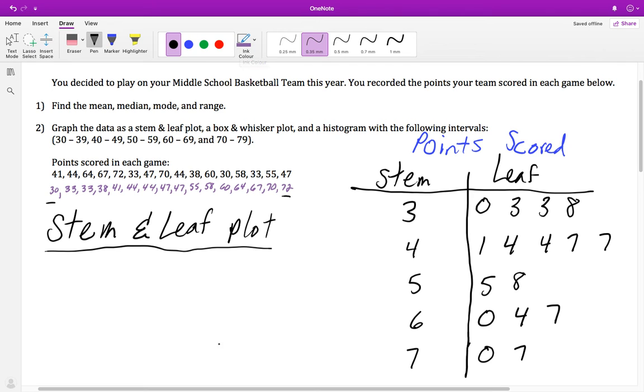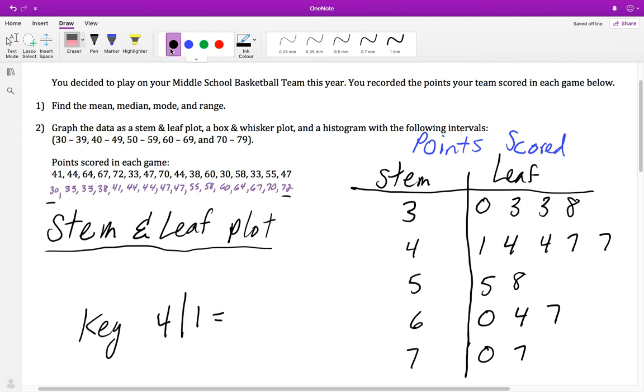The thing that you guys missed is you need to write your key. Normally the key will go underneath. Since I don't have that much space in this, I'm just going to write it off to the side. So I will say key. Actually, let me erase this and make this a little bit further back, to make sure I have enough space. So let's say our key is 4 | 1.